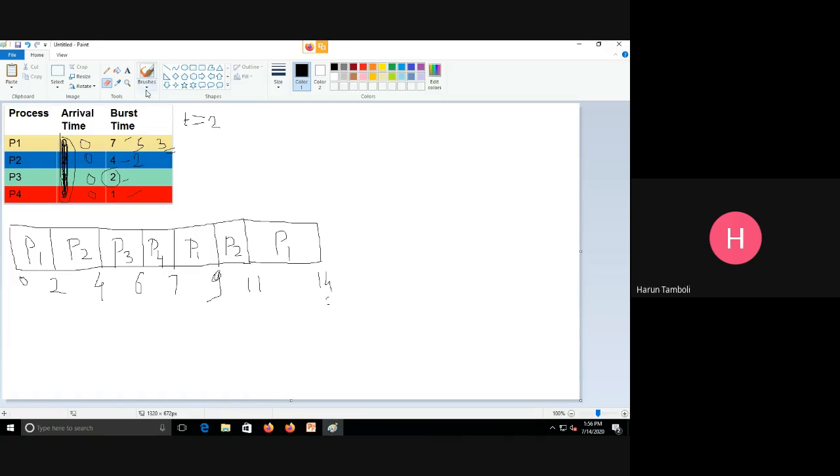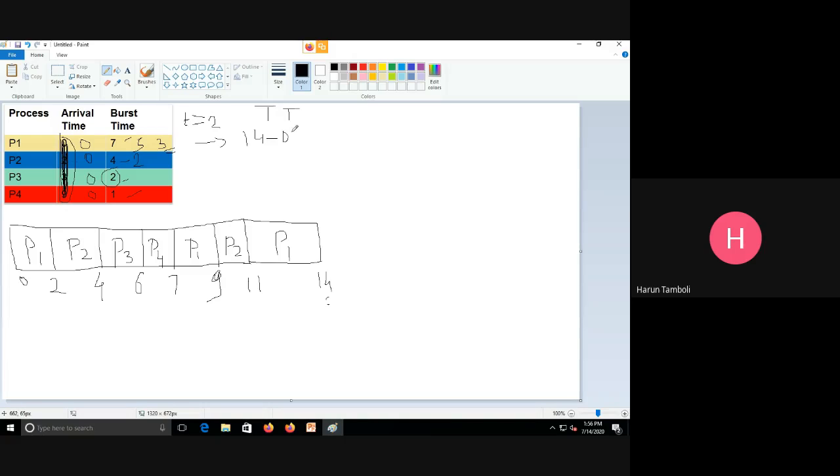Now calculate turnaround time. Turnaround time for P1: what is the completion time for P1? It is 14 minus arrival time, which is 0 by default.